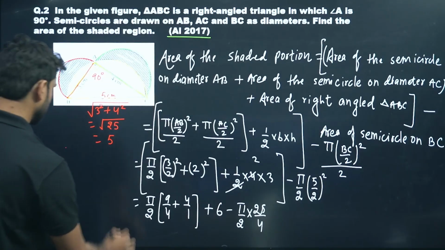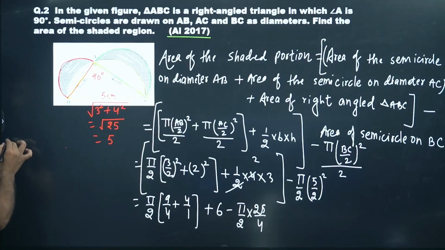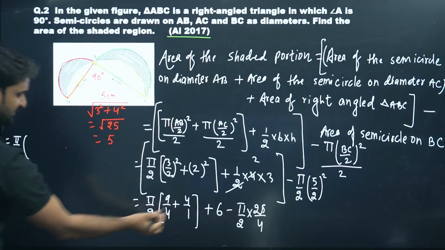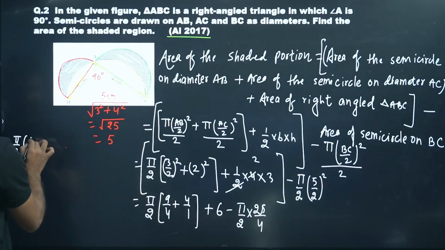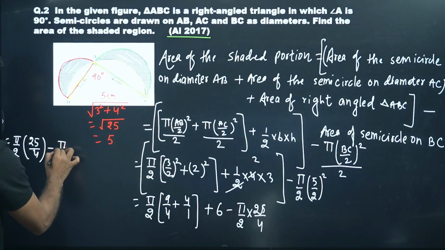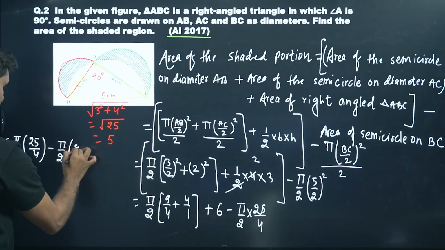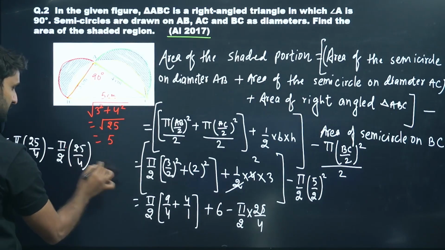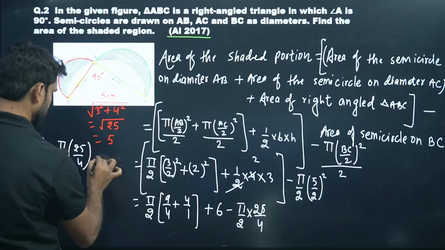Right? So here on solving this, 4 fours are 16, and we take minus pi by 2 times 25 by 4 here, and plus 6.